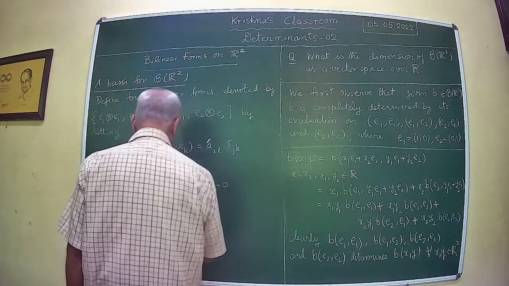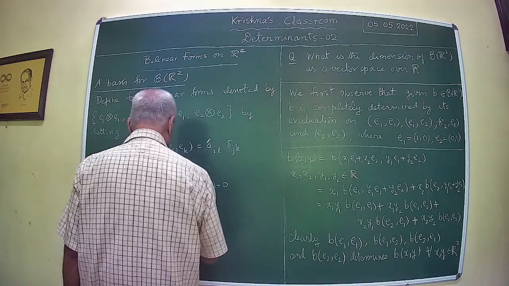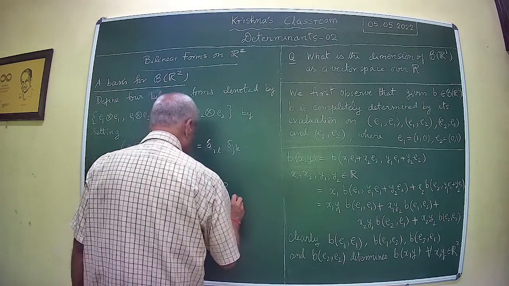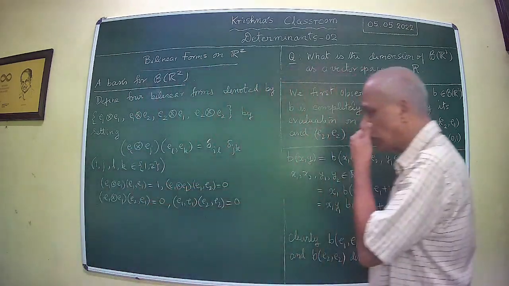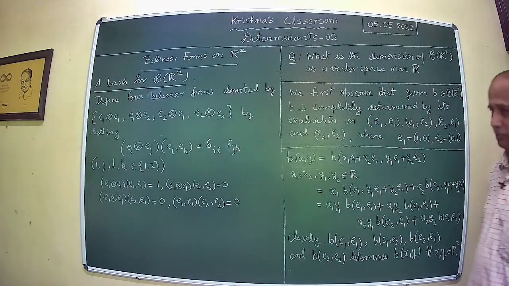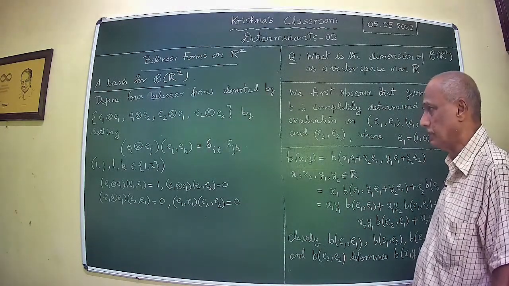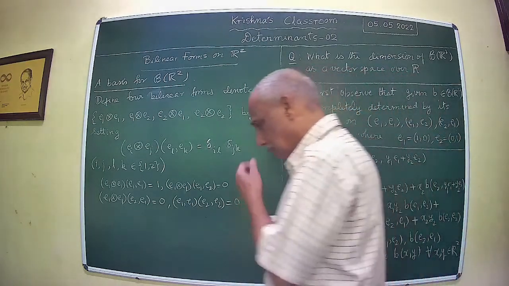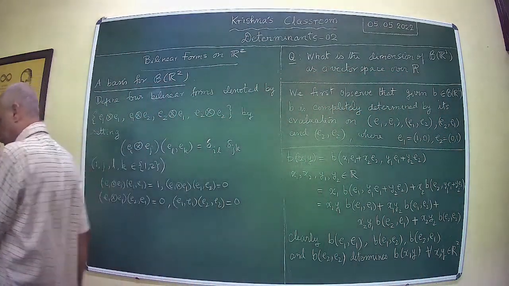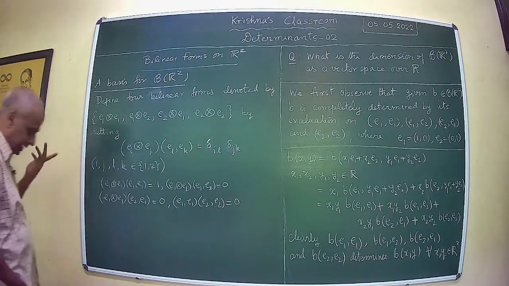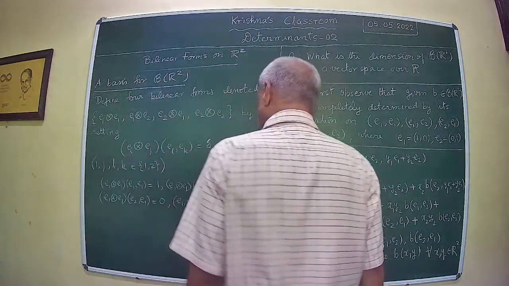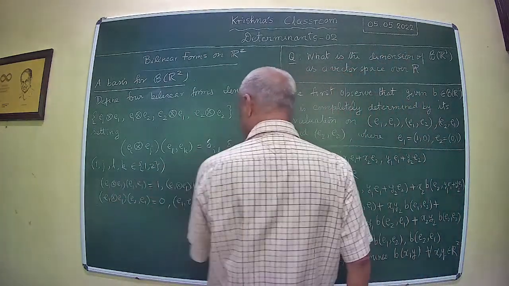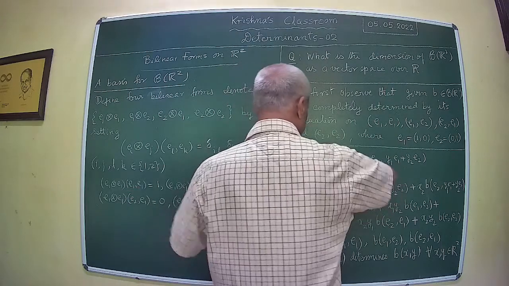And E1 tensor product E1 on the other pairs, this is equal to 0. Therefore, this is not a 0 bilinear form. What do you mean by a 0 bilinear form? It is the one that maps every ordered pair (E1, E2) or (x1, x2) or (x, y) to 0. So this is not a 0. And of course then you extend this, because you know how it is extended.